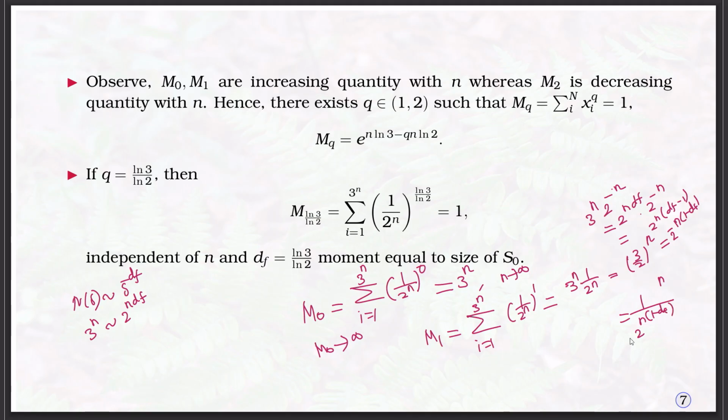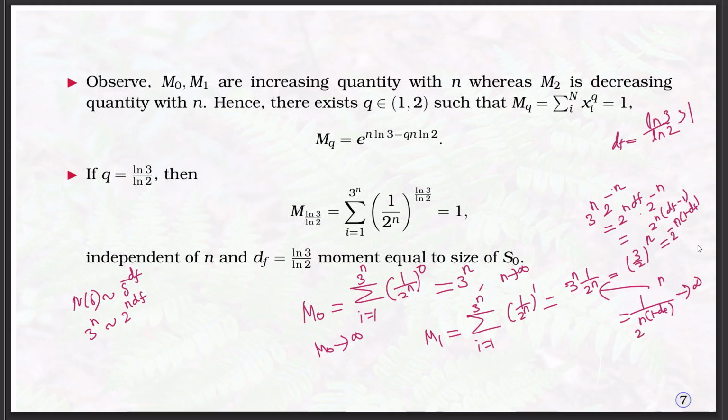Here understand that the df value we are getting is ln 3 by ln 2, which is greater than 1. So 1 minus df is negative, and as n increases, this also tends to infinity. If n tends to infinity, this quantity also goes to infinity.